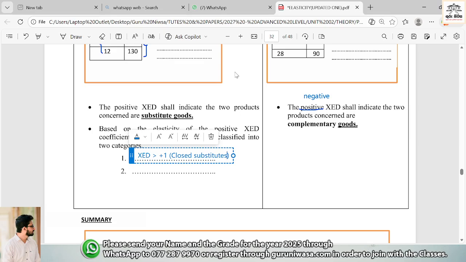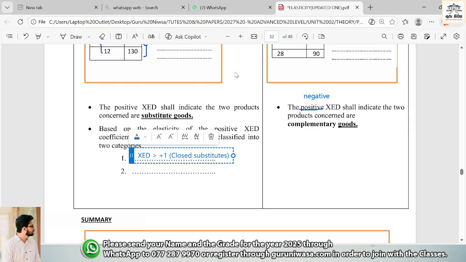Coffee. Because these are hot beverages, right? Yes, tea and coffee are close substitutes. Both products give not the same utility or satisfaction, but almost the same. You get the point?